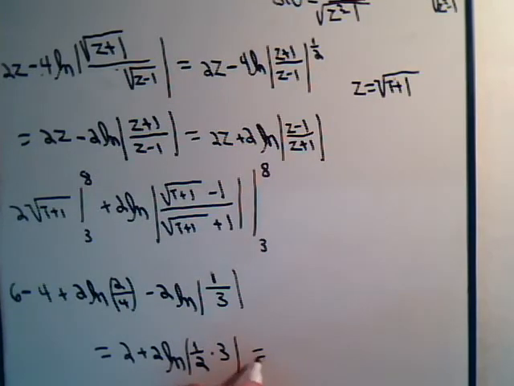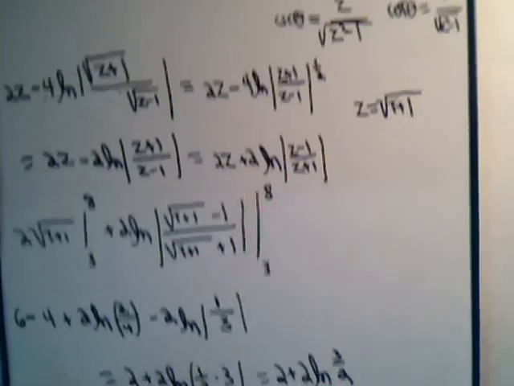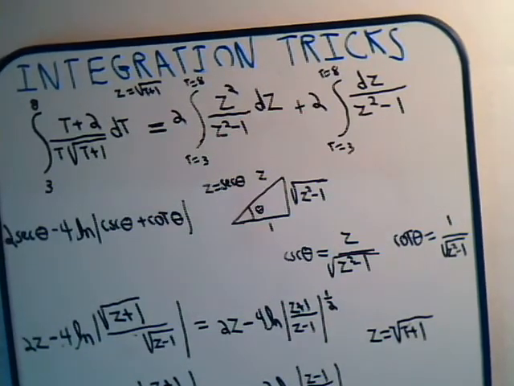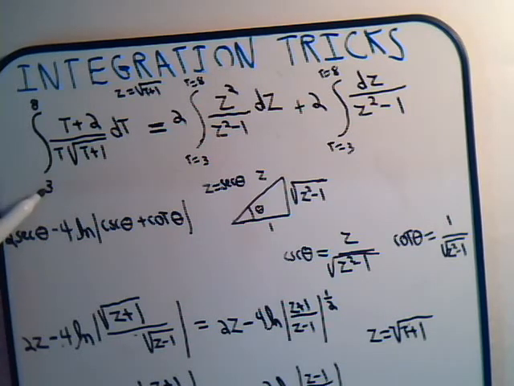So this equals 2 plus 2 times the natural log of 3/2. So this here then is this integral here, evaluated at the limits, t going from 3 to 8.